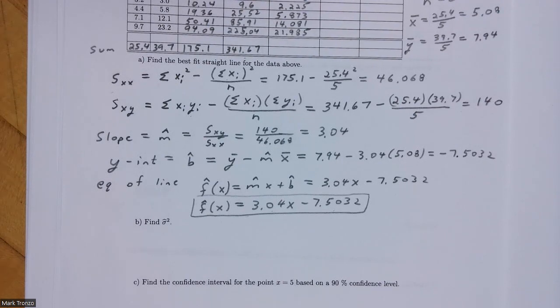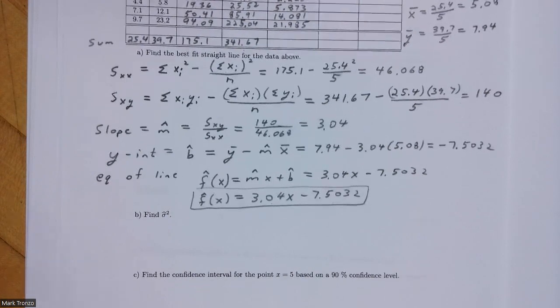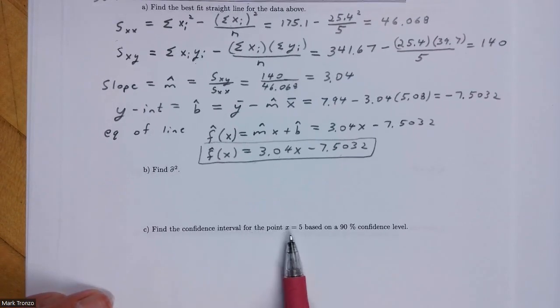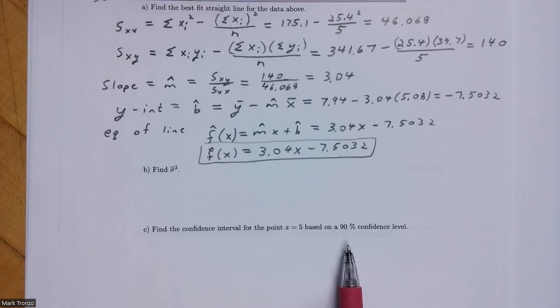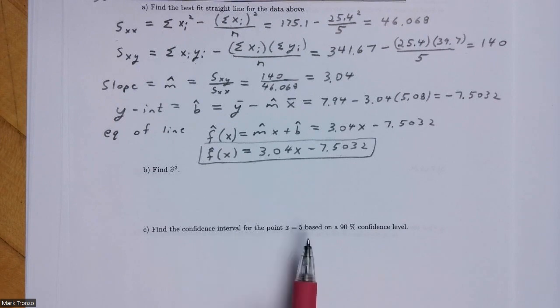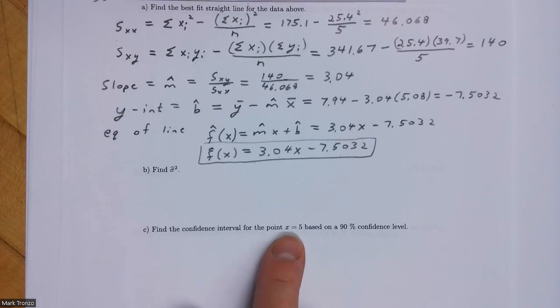So then finally, you'll use the equation sheet again for part C: find the confidence interval for the point X equal 5 based on a 90% confidence level. In other words, you found the best fit line for the points you were given. Then the question is, how good is that line going to be if you pick another point that wasn't part of your data, what's the confidence interval for that?